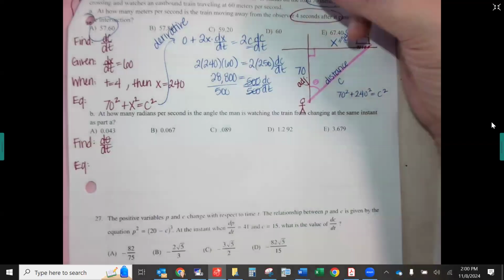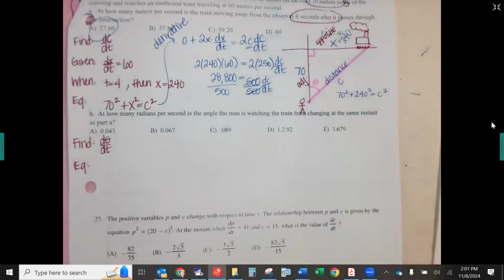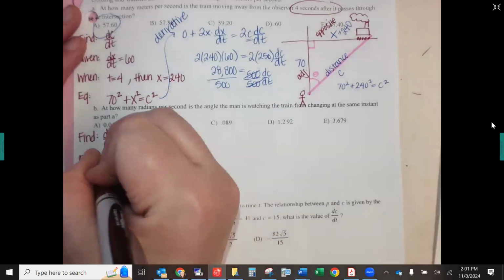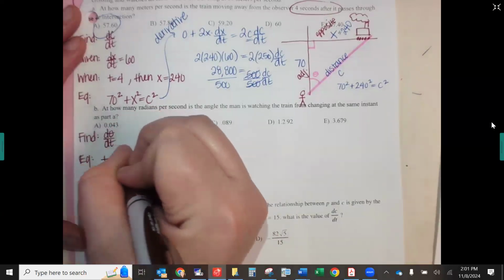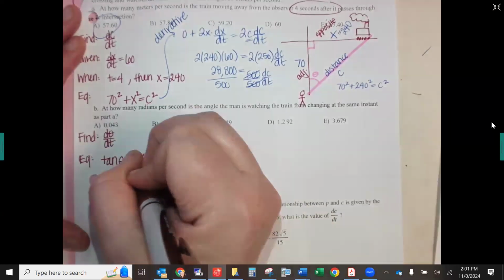Then let's use this side, which would be the opposite. So which of my functions, sine, cosine, or tangent, is going to have the opposite and the adjacent in the same equation? TOA. So it's going to be tan theta equals, opposite is going to be x over 70.